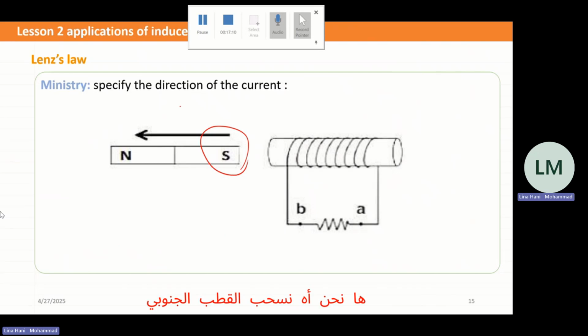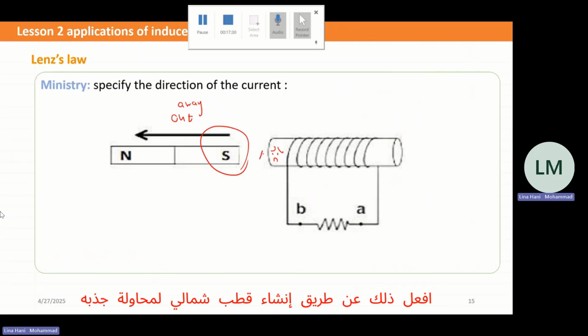Here we are pulling a south pole out or away from the solenoid. When we take the magnet away from the solenoid, it starts to want it back. No, come back, please. How does it do that? By generating a north pole to try to attract it.